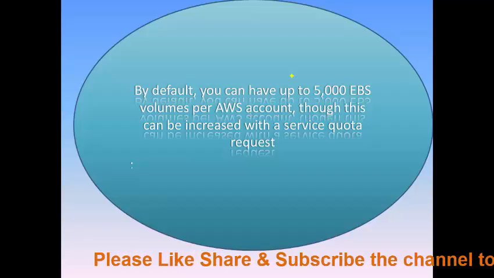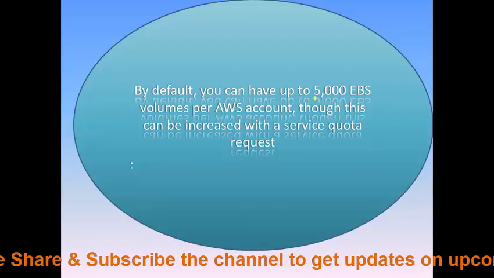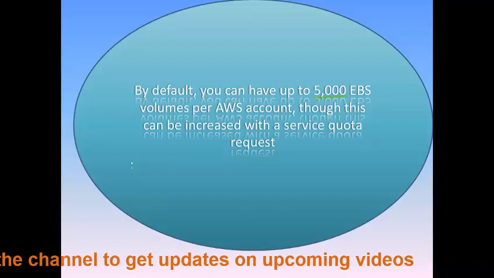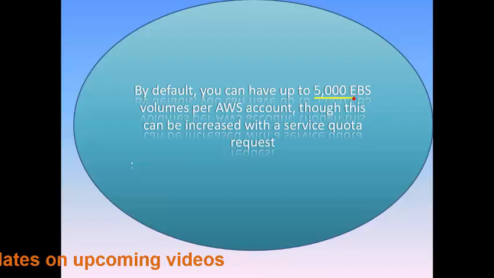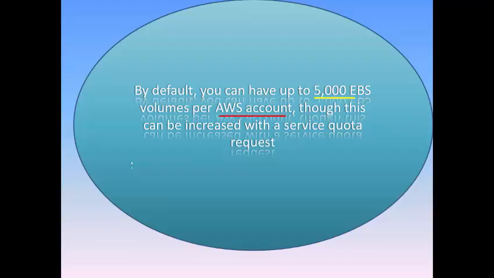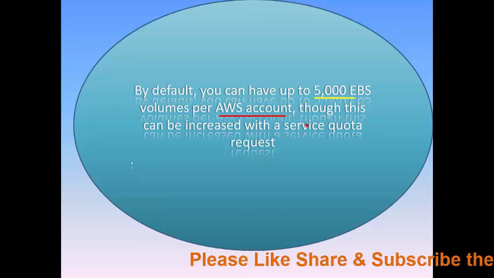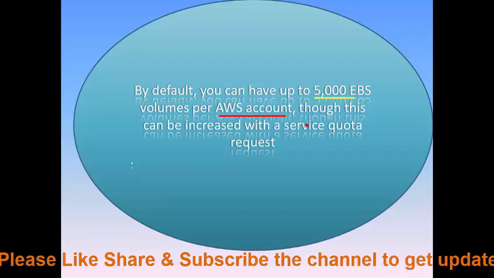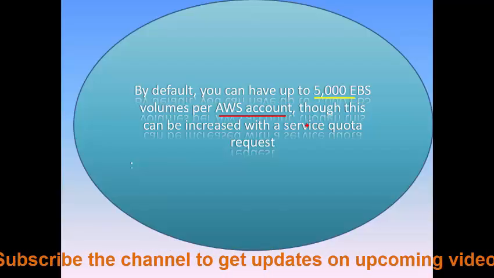By default, you can have 5,000 EBS volumes per AWS account. Keep these words in mind: 5,000 EBS volumes per account by default. This can be increased by a service quota request. By sending the request to Amazon, you can increase this quota.